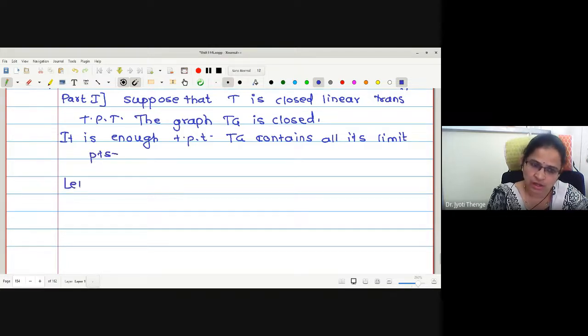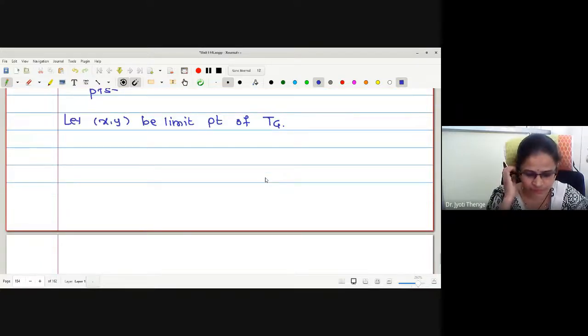Let the ordered vector (x, y) be a limit point of TG. What is the meaning that (x, y) is a limit point of TG?